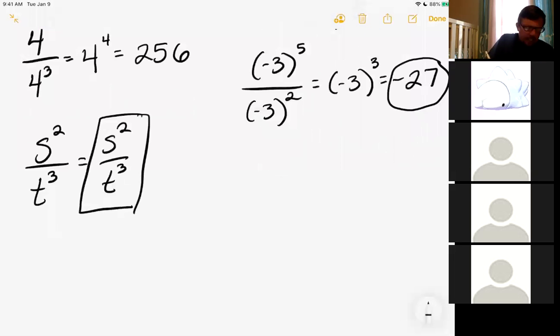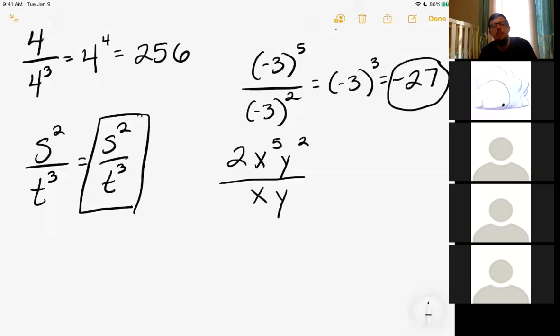And the worse these get is whenever you have multiple bases in the same problem, you just take them one piece at a time. So first I look for the constants. I have a 2 in the top and I don't have any constants in the bottom, so I'm just going to leave the 2 in the top.